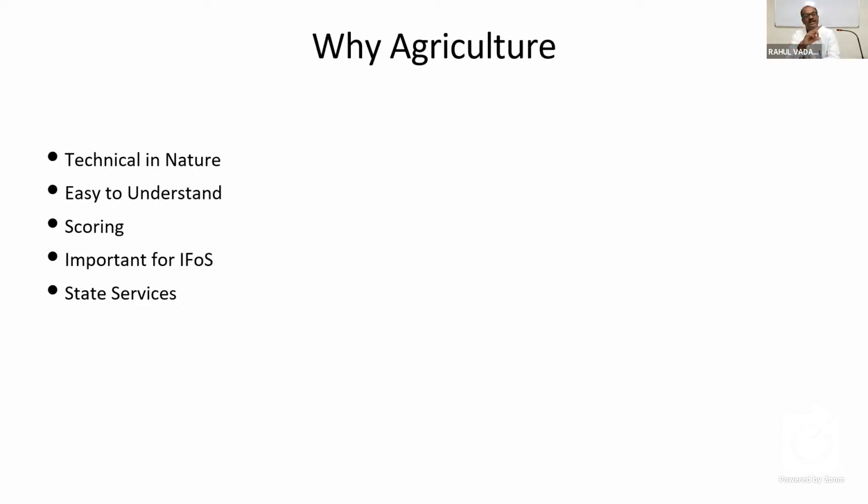But with site-specific nutrient management, you are only managing nutrients by using precision farming. That again needs to be understood. So conceptual clarity is very important. Your understanding of the point is one thing, but how you apply your knowledge in the exam is different.